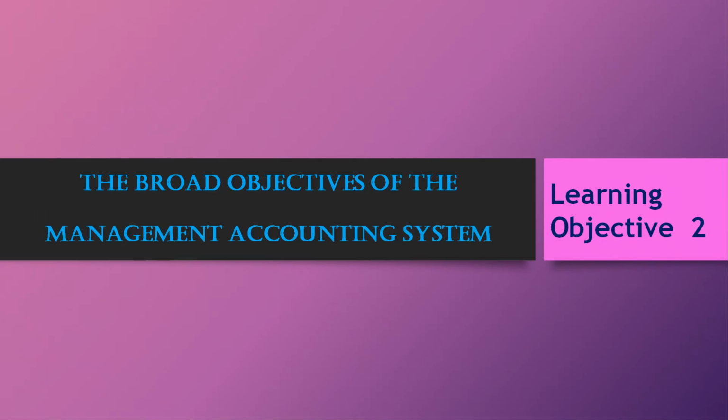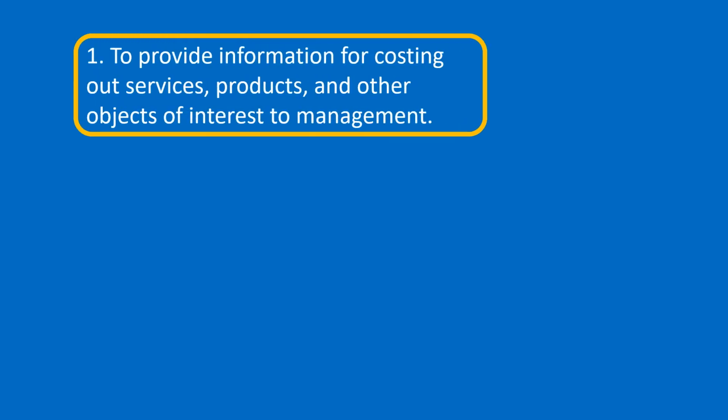Learning objective number 2. In this section, you will learn the broad objectives of the management accounting system. The management accounting information system provides information needed to satisfy specific management objectives.